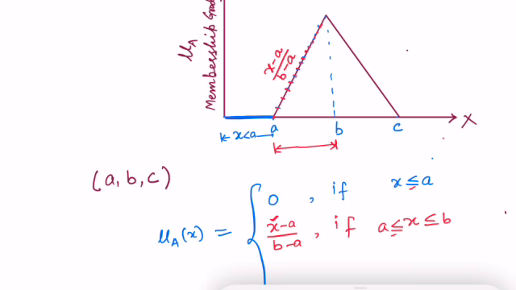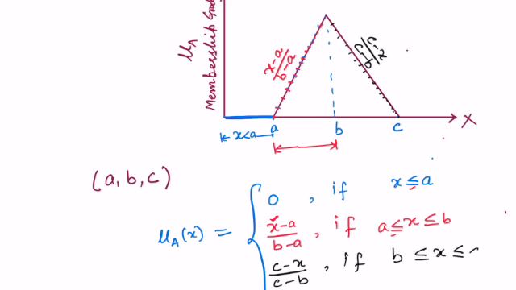Let us move on to this line. We are here on this line. If you see this line where I'm putting the dots, this line will be governed by (c minus x) upon (c minus b), where c is this point. If you put x as c, we'll get the value 0. So we write this as (c minus x) upon (c minus b) if b is less than or equal to x is less than or equal to c.